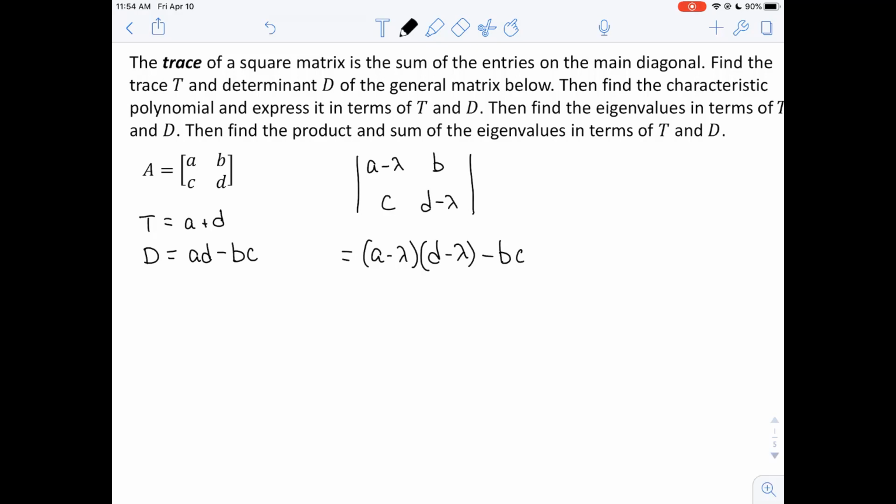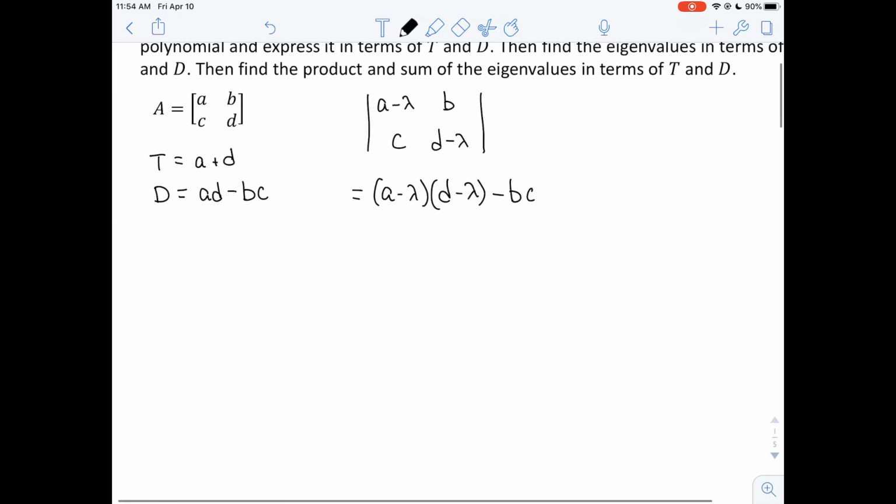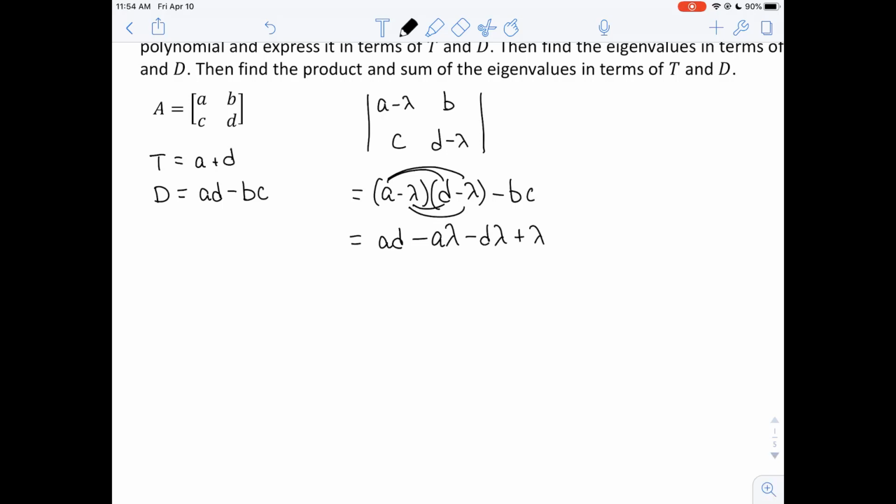Let's go ahead and FOIL this out and see what happens. We have a times d, minus a lambda from that, and then minus d lambda, and then plus lambda squared, and then we have this minus bc. Let's regroup our terms and put this in traditional order. Lambda squared.